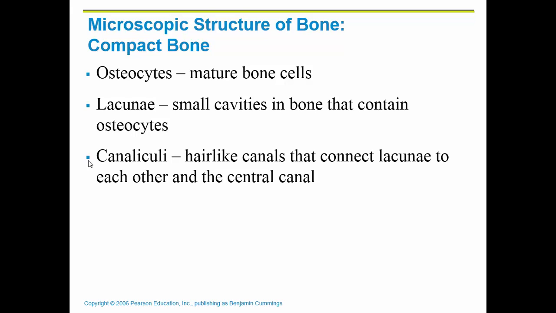So that cell needs to be nourished just like any other cell, but it's surrounded by a hard, solid substance. So the canaliculi allow each lacunae to connect to each other and to that central canal, so things can be processed properly in the cell.